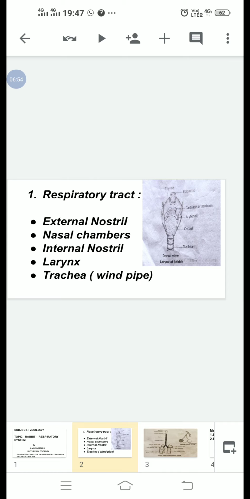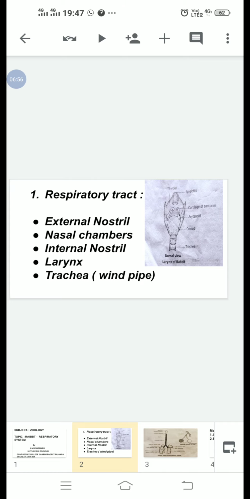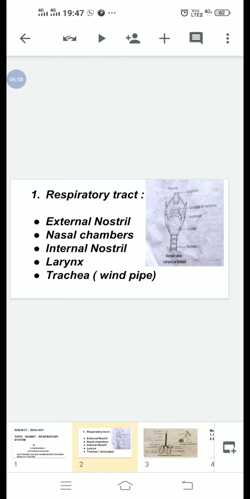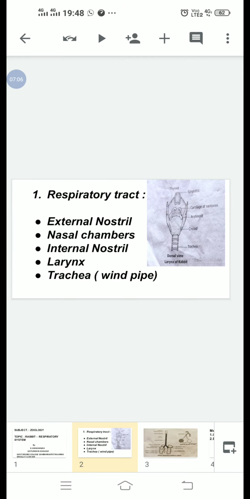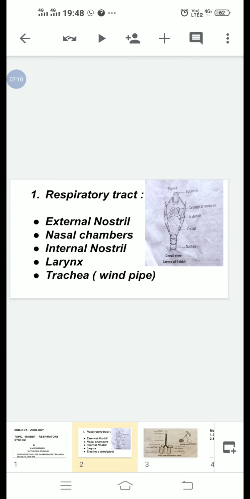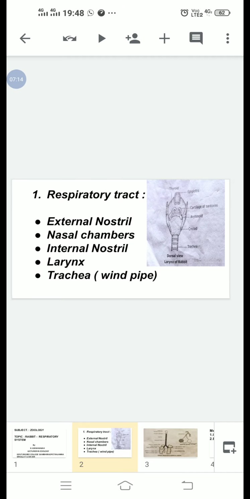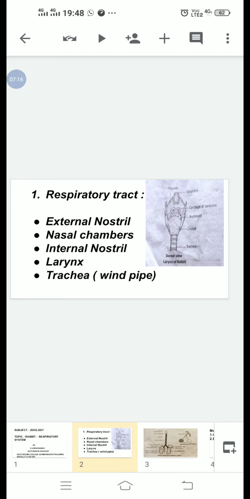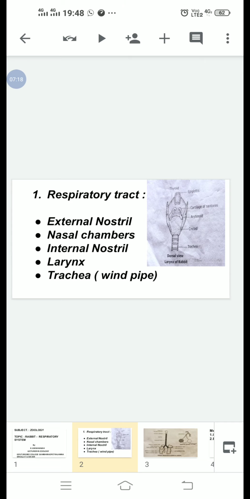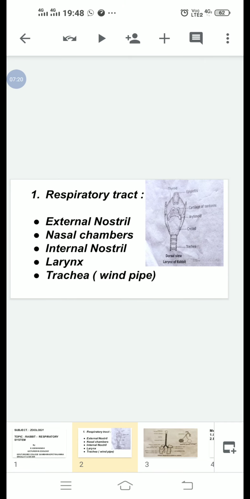The wall of the larynx is supported by four cartilages, namely thyroid cartilage, cricoid cartilage, and arytenoid cartilages. The thyroid cartilage is large and shield-like and supports the larynx on the ventral and lateral sides.